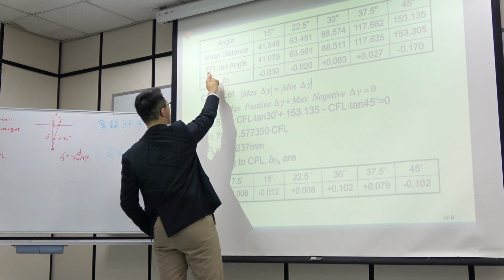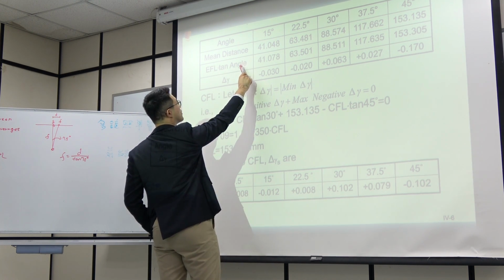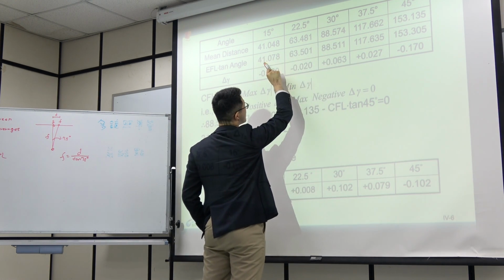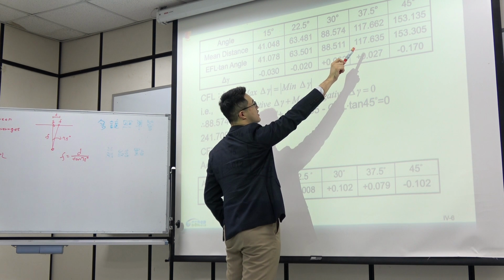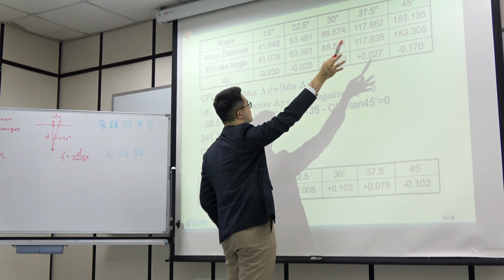The third row is the EFL multiplied by the tangent of the angle, and this is the ideal answer if you think EFL is the final and perfect focal length.